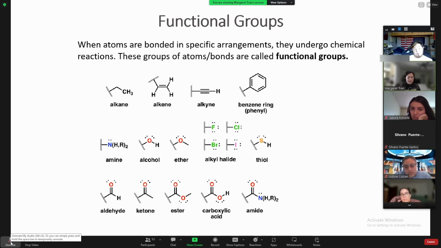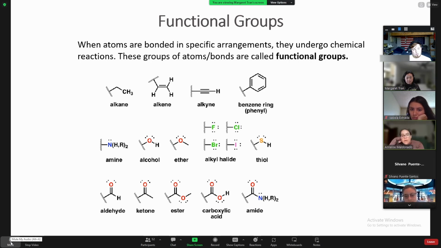And which one can hydrogen bond? Looking at these ones: carboxylic acid, alcohol, amide, and amine, if it's a nitrogen with a hydrogen on it. Okay. So those have the potential to hydrogen bond. Right. And then everything else with the oxygens has the dipole as the strongest, depending on what it's actually binding to. Okay.